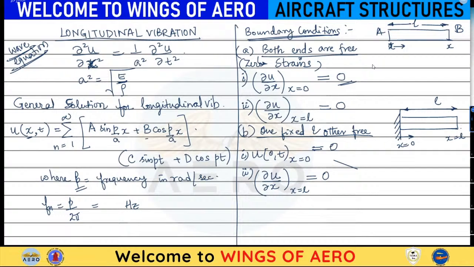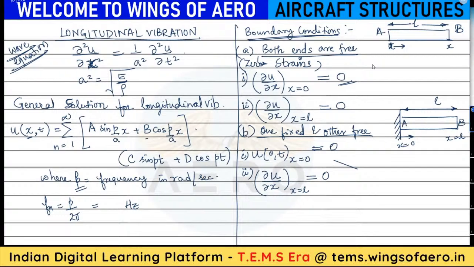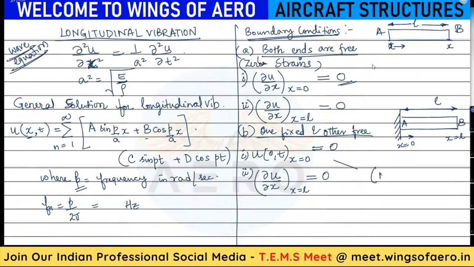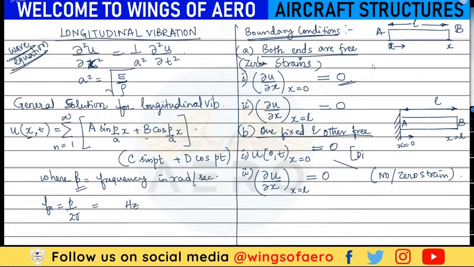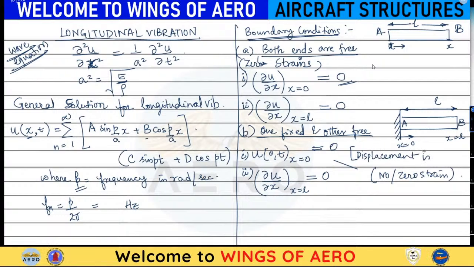That means if this is point A and this is point B, at point B there will be no strain, or zero strain. And for the first condition, there will be no displacement, or the displacement is 0.